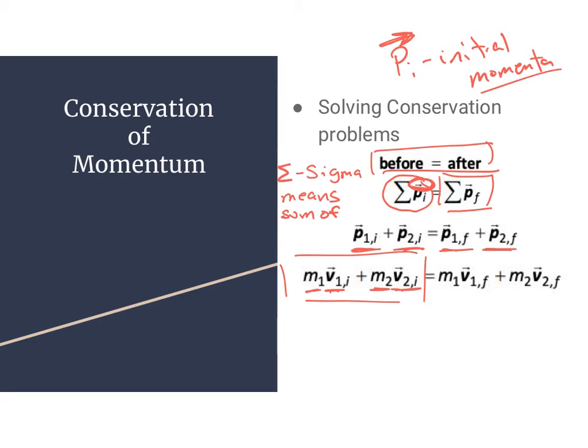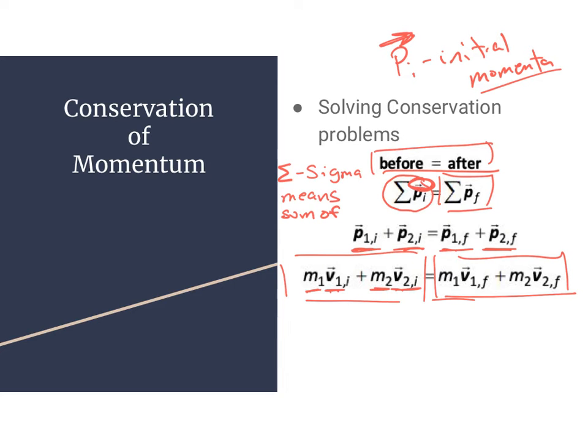That's equal to m1 v1f, so the mass of object 1 times its final velocity, plus the mass of object 2 times its final velocity. So this statement is always true. The initial and final momenta in a closed system will always be the same.